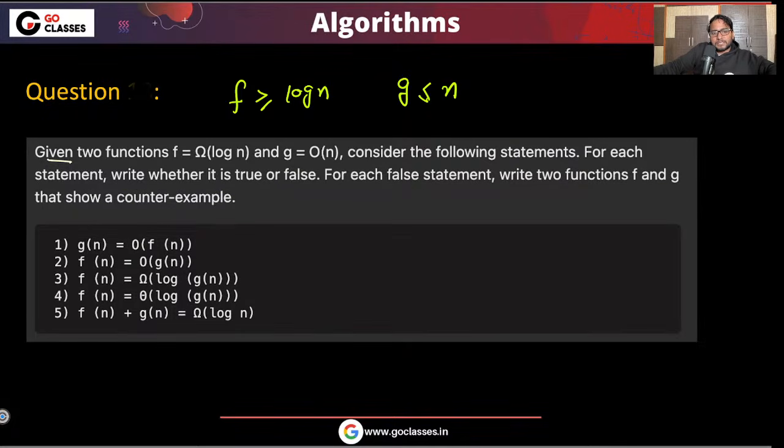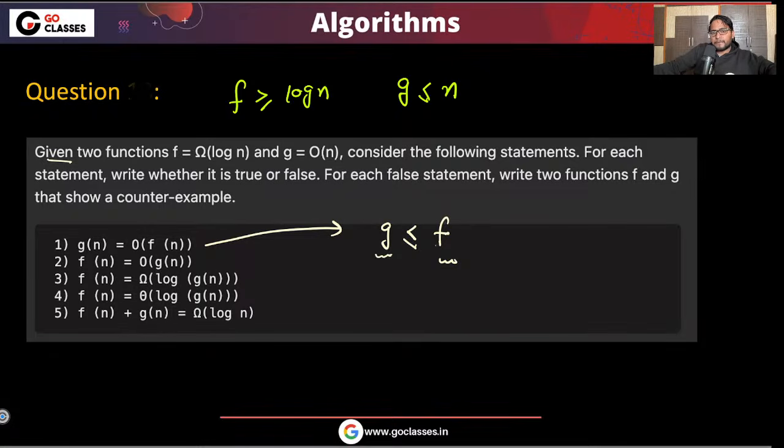Okay, so let's just see this. If f is greater than or equal to log n, and g is less than or equal to n, then what do you think about g is lesser than or equal to f? See, this f is something which can be log n also, and this g is something which can be n also.